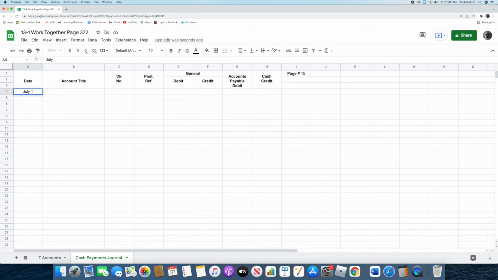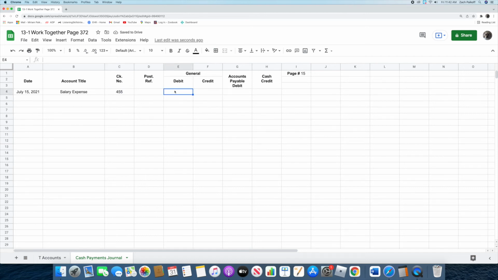Next, we're going to write the words salary expense in the account title column. After that, we're going to write the check number, which is 455, in the check number column.